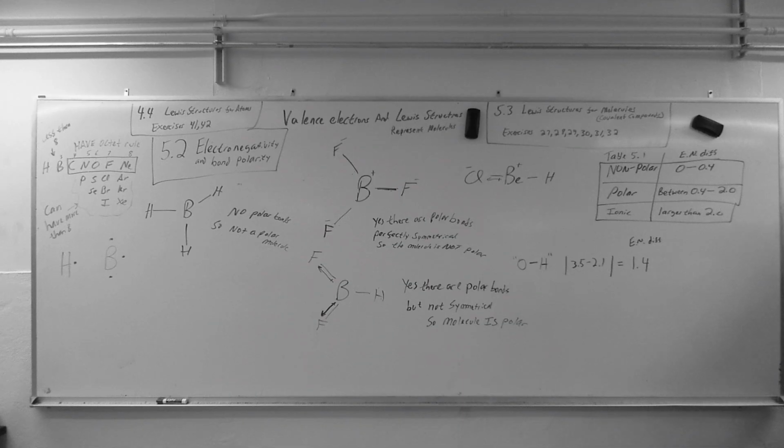But this book doesn't ask the in-between easier things, but I think that's worth doing. Just having some questions that I could put on a test and ask you which of these bonds are polar. And you would use the electronegativity differences and these rules right here to decide whether it's polar. I'll stop there.